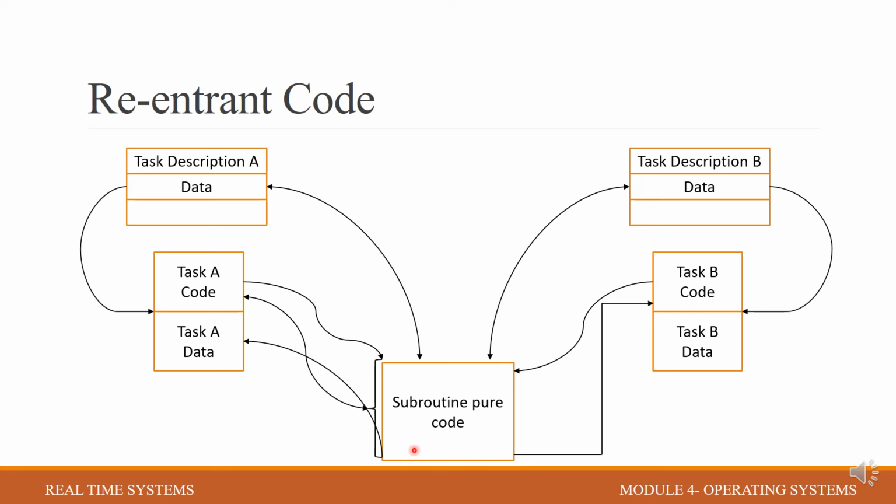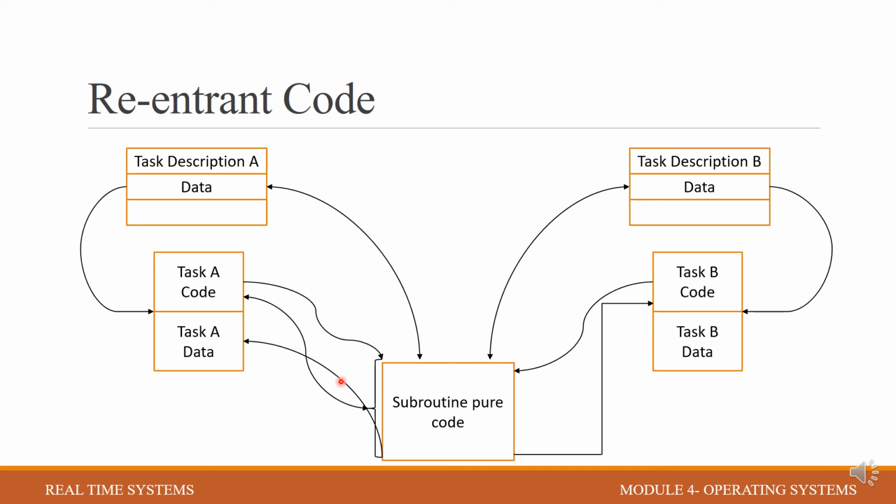So how is the arrangement made? The subroutine S is coded in such a way that it does not hold any data within it. All the intermediate results will be saved in its associated stack. This is the stack for task A, and this is the stack for task B. Each task descriptor, TD, will have a pointer to its task's stack.